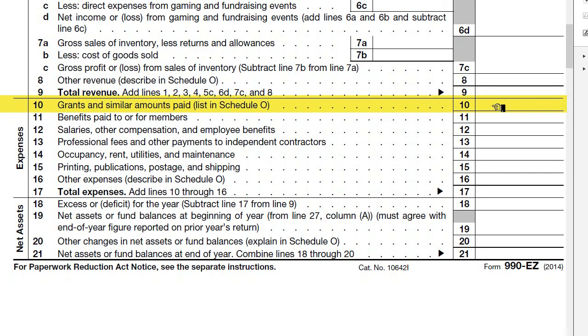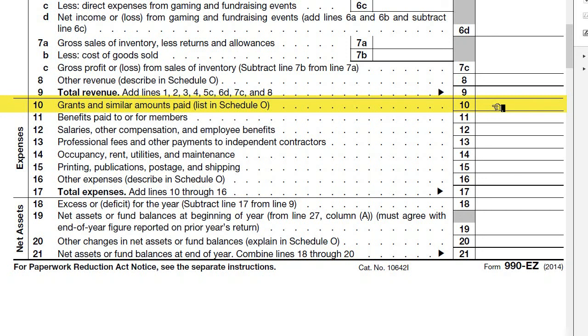For instance, it was for prescription drugs or medical expenses, or to put somebody up in a homeless shelter or something like that. You need to put the name and the address of the donee organization, the organization that's receiving the funds, and the amount given.